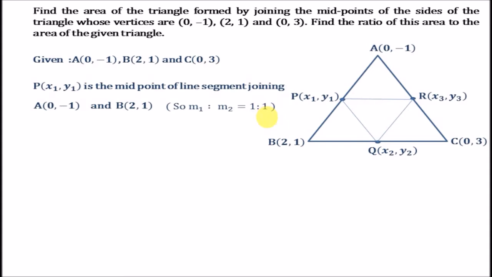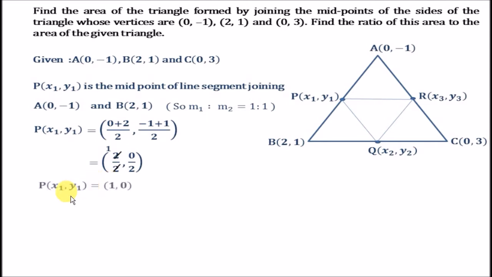So we can use the midpoint formula of coordinates to find the coordinates of point P. P (x1, y1) equals (0 + 2)/2, the sum of x coordinates by 2, comma, (-1 + 1)/2, the sum of y coordinates by 2. 0 plus 2 will be 2, so 2 divided by 2, comma, -1 plus 1 will be 0, so 0 by 2. 2 ones are 2. So the coordinates of point P are (1, 0).